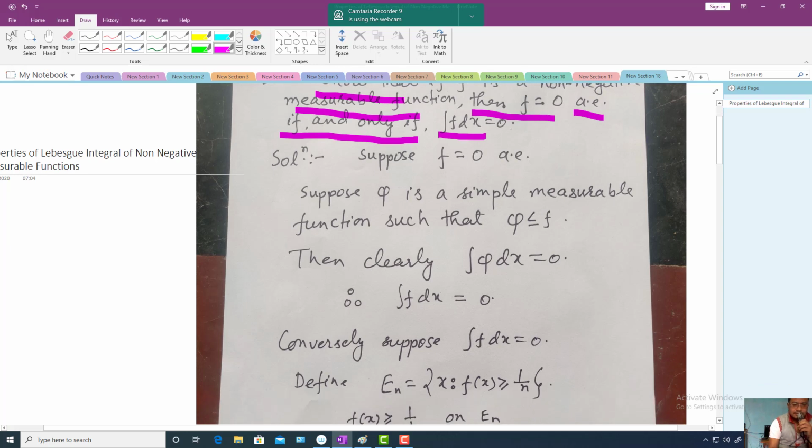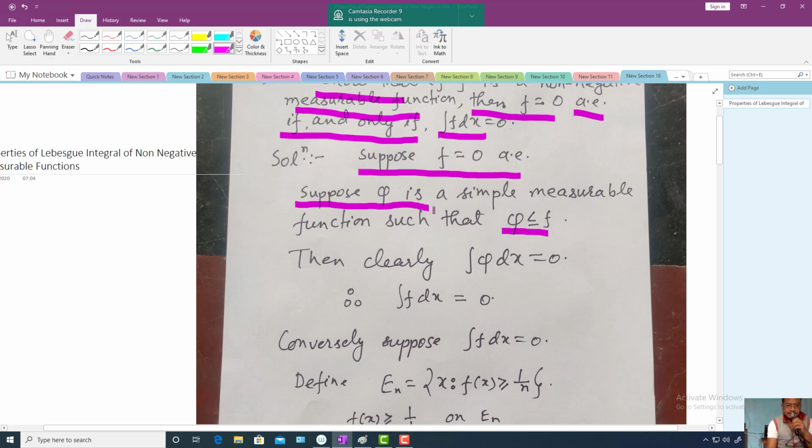So, solution. First let us assume that the function is equal to 0 almost everywhere. Then according to the definition, how do we find the integral of the function f? We think about the collection of all simple measurable functions phi such that phi is less than or equal to f, and you take the supremum of those, and that is equal to the integral of f.